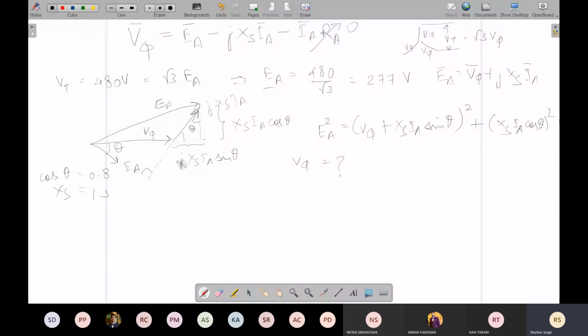Theta you can find from here, and the rated value of armature current IA is given as 60 amperes. So now everything is known. Just solve it mathematically.